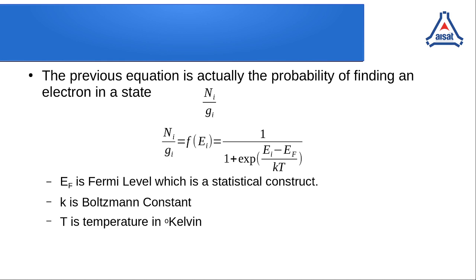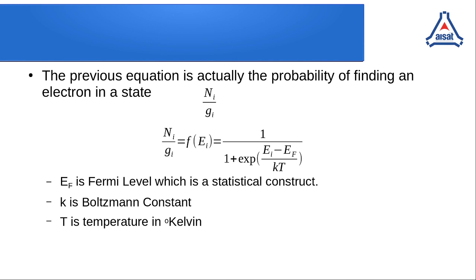So the probability will be Ni by Gi, which is denoted by a function f of Ei, which is equal to 1 by 1 plus exponential (Ei minus Ef) by kT. This is a very important relationship, which is the probability of finding an electron in a state.